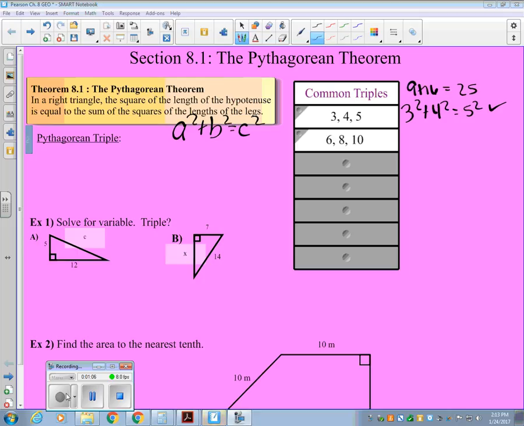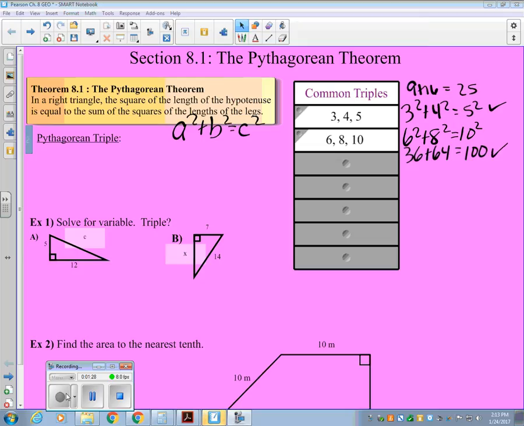And we have the 6, 8, 10. So if we tested that out, 6 squared plus 8 squared should be equal to 10 squared, which does: 36 plus 64 equals 100. You do the math on that and you see, yes, it does.